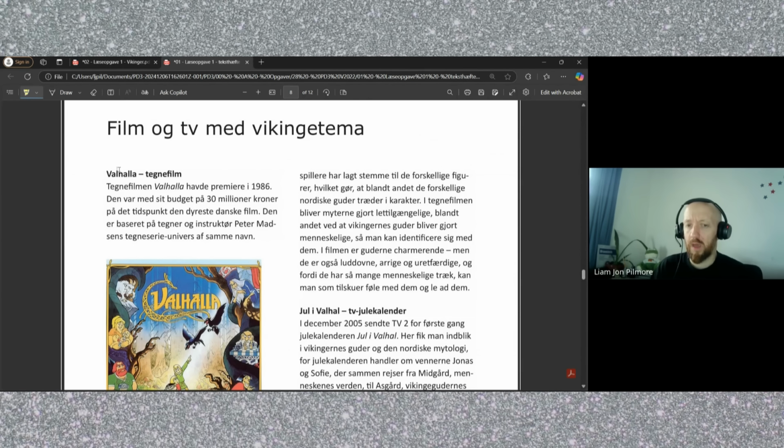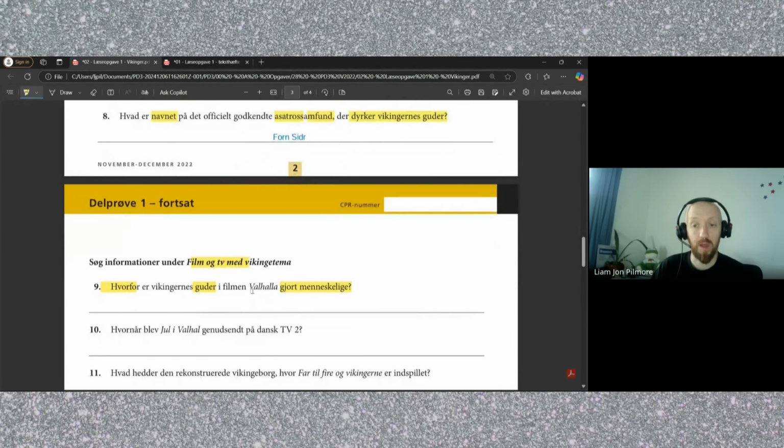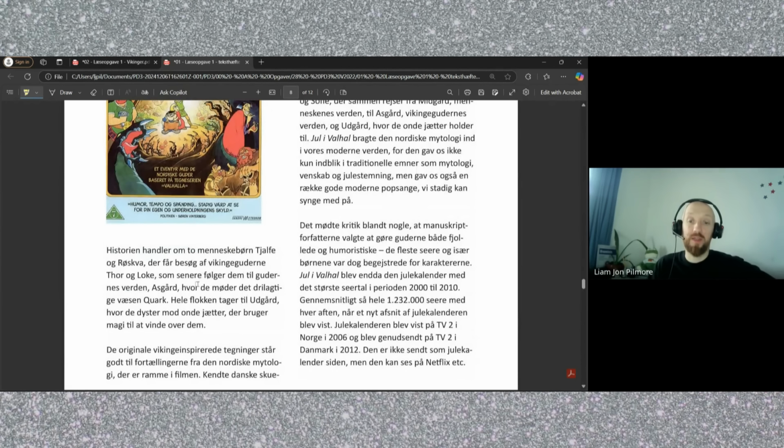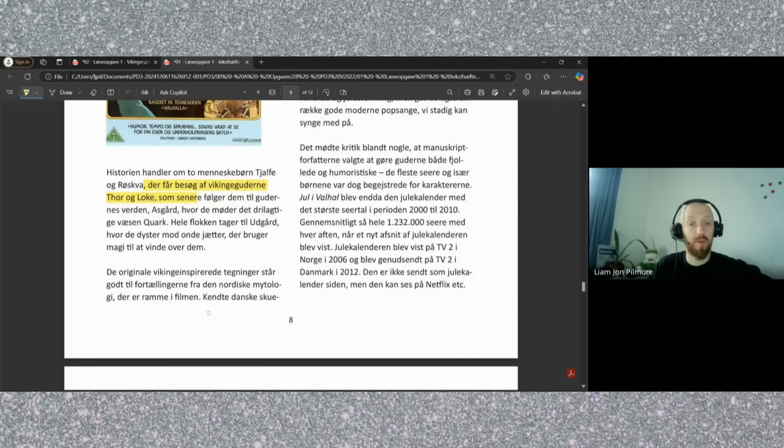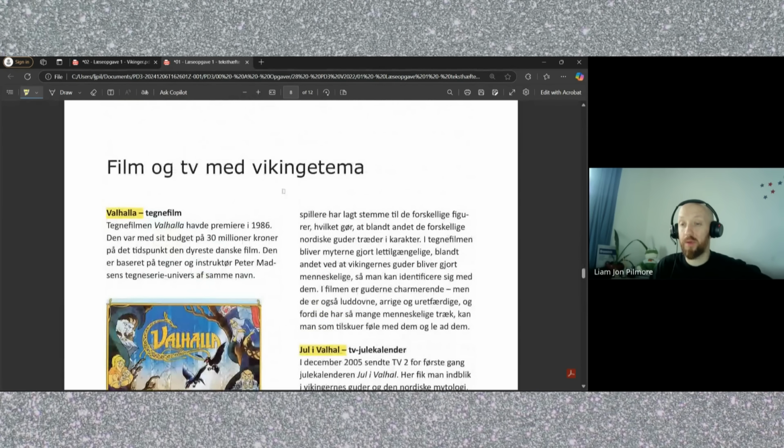And it was under Valhalla. Also important. Again, we have subheadings here, different films or TV series. It's important that we're looking under Valhalla. So as I scan down here, I'm looking for something with guder, something with menneskelige, maybe. Haven't seen anything yet. We scroll back up.